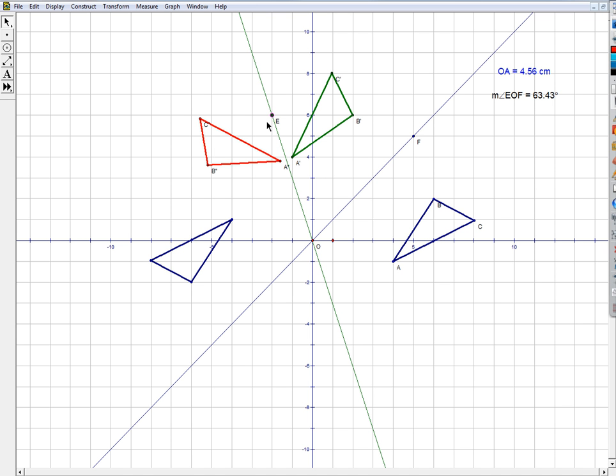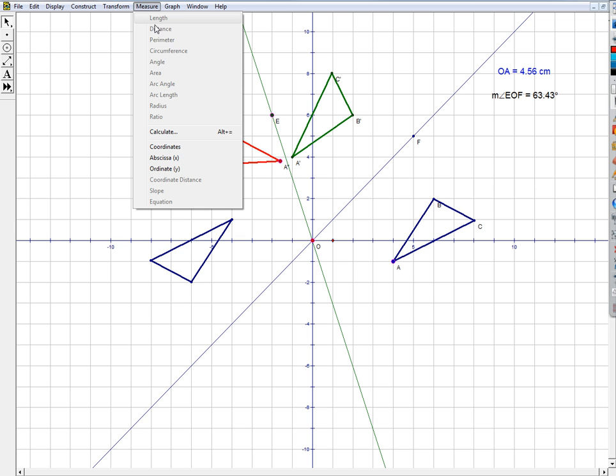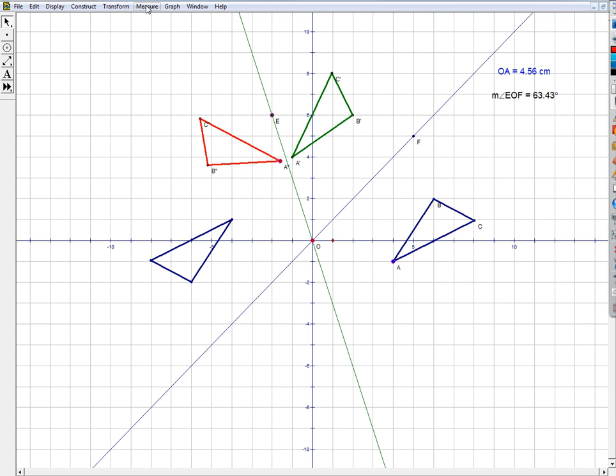So what do you think? Let's find out. What if I do a measurement here? Let's go from A to O to A prime and see how far we rotated this thing. I measure the angle, A, O, A prime.